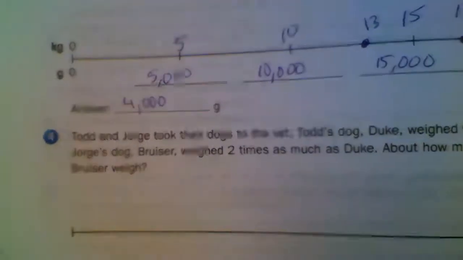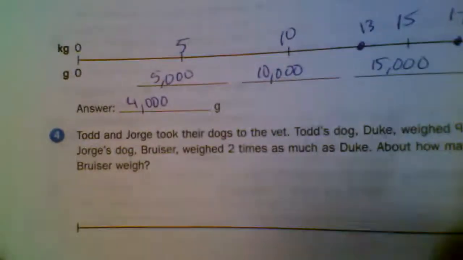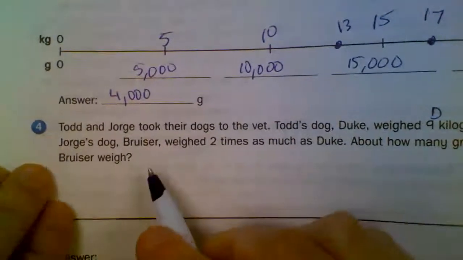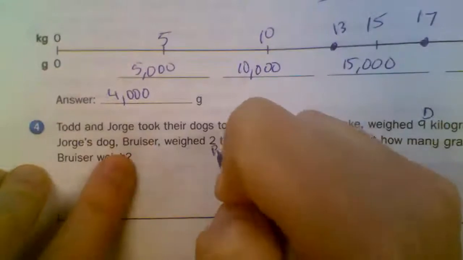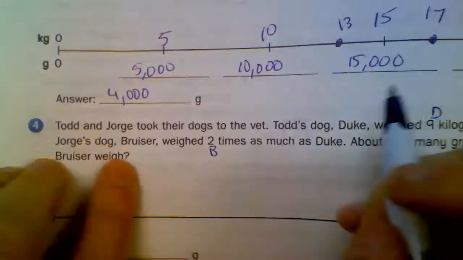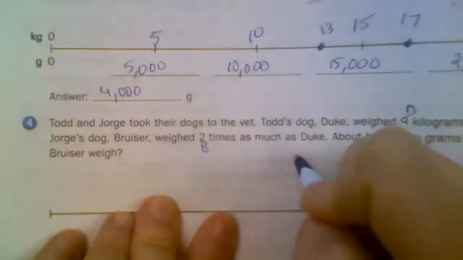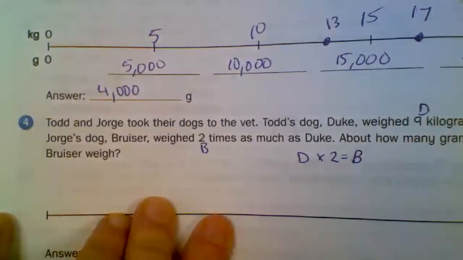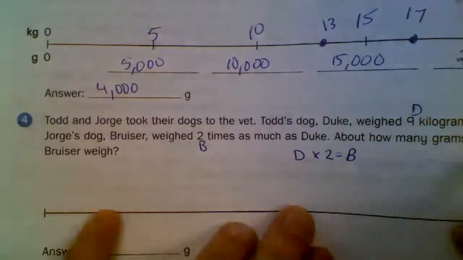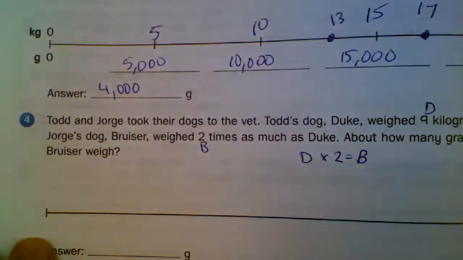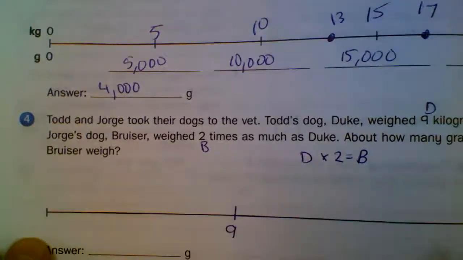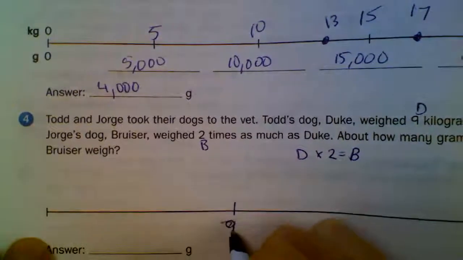Okay, Todd and George took their dogs to the vet. Todd's dog, Duke, weighs 9 kilograms. George's dog, Bruiser, weighs 2 times as much as Duke. So Duke times 2 equals Bruiser. How many grams did Bruiser weigh? So if Duke weighs 9, oops, sorry, that's kilograms.